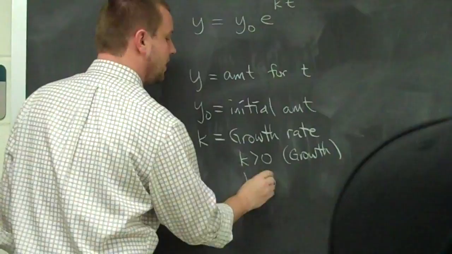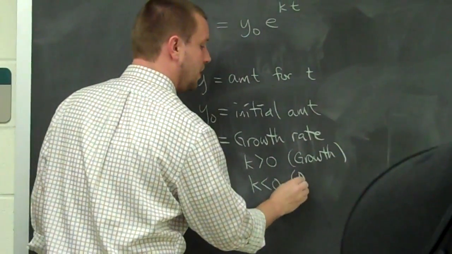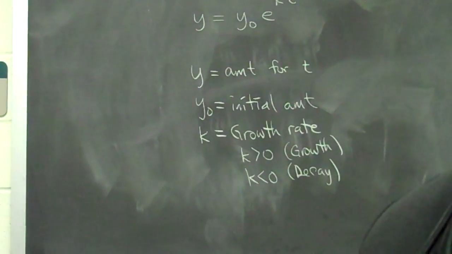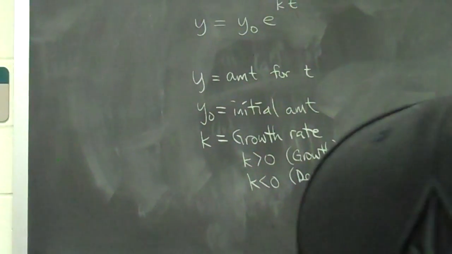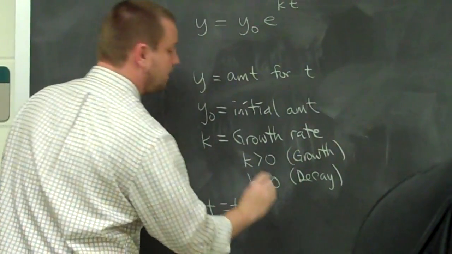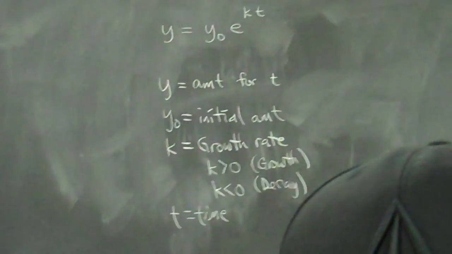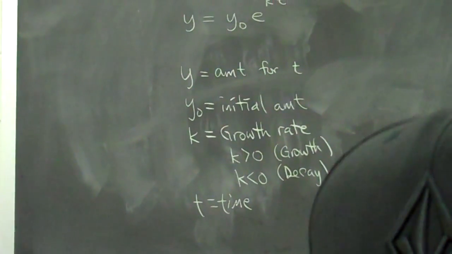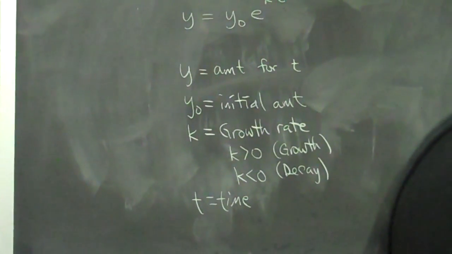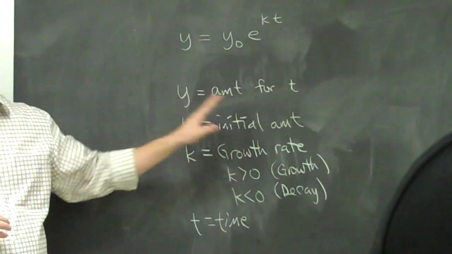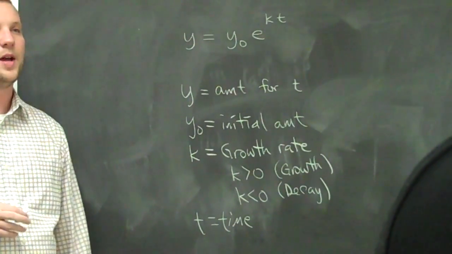But if K is negative, if it's less than 0, then this is a decay problem. And then T, of course, stands for time, right? So over time, our population is growing or it's decaying, something to that effect. Okay? Generally speaking, this is our simplified sort of growth or decay kind of problem. Okay?